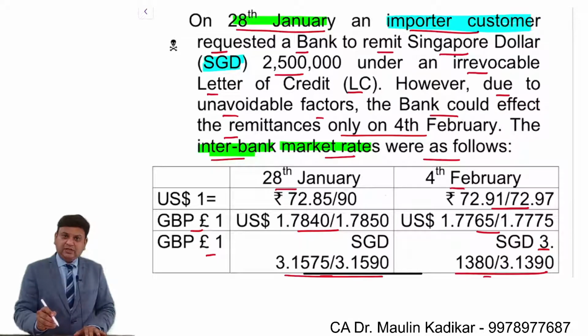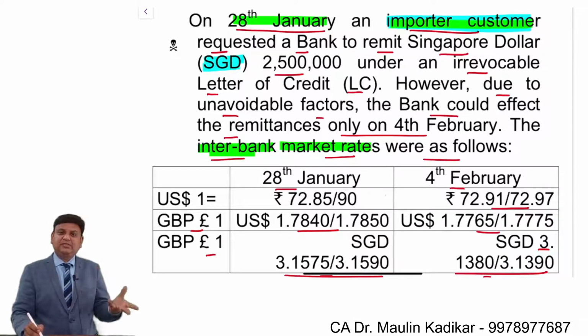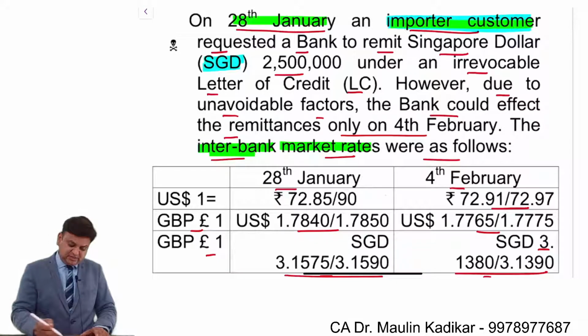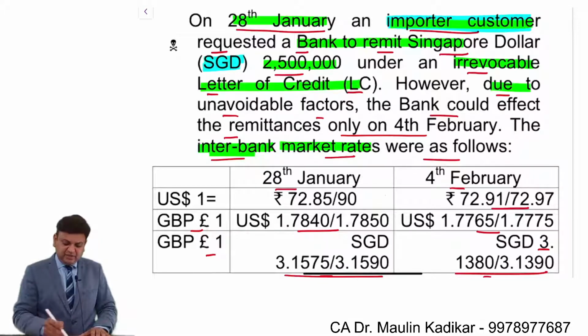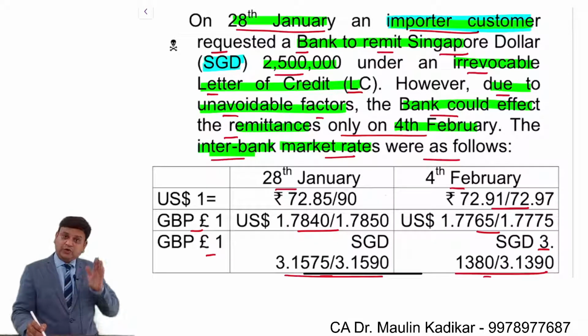on 20th of January, an importer customer, meaning a company which has imported goods and is required to make the payment in Singapore dollar currency, requested the bank to remit Singapore dollar 2.5 million under an irrevocable LC. However, due to unavoidable factors, the bank could affect the remittance on 4th of February.